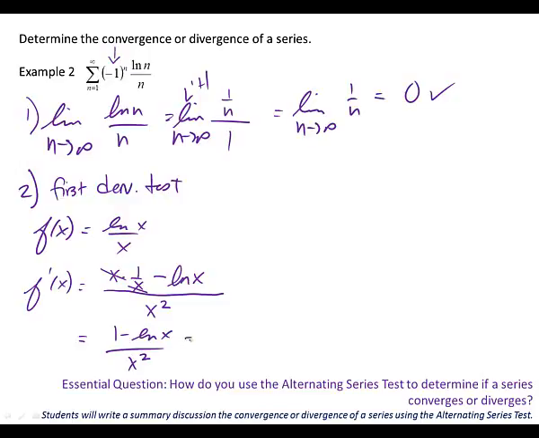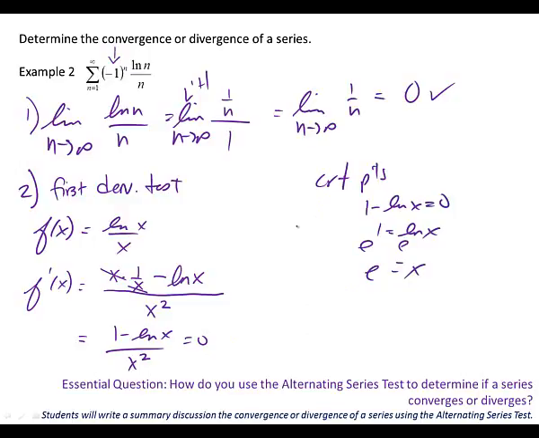All right, so the next one we do is set equal to 0, get critical points, right? Okay, so critical points. So we'd have 1 minus the natural log of x equals 0. So 1 equals the natural log of x. How do I get rid of the natural log? Exponentiate it. So we know that x is equal to e.